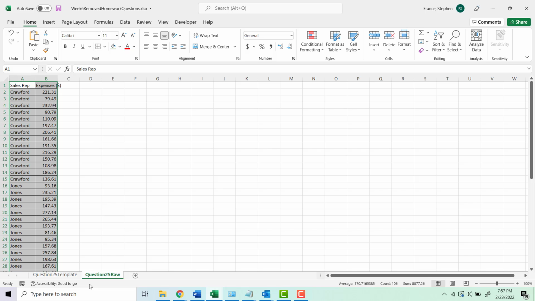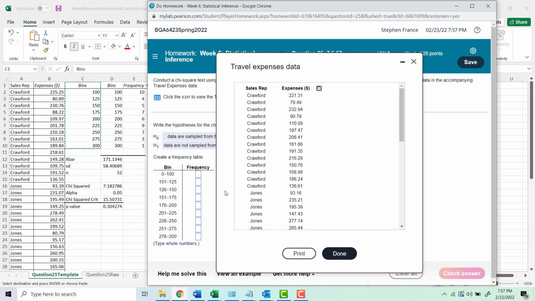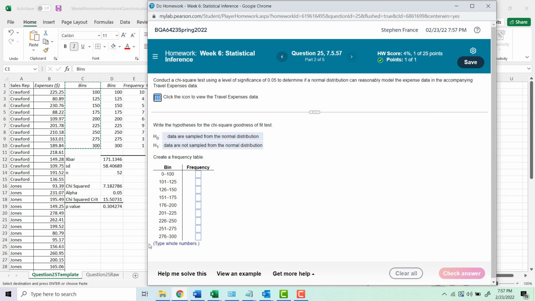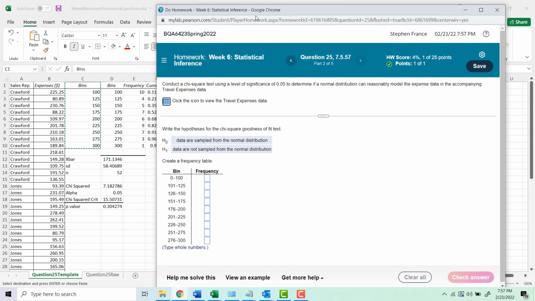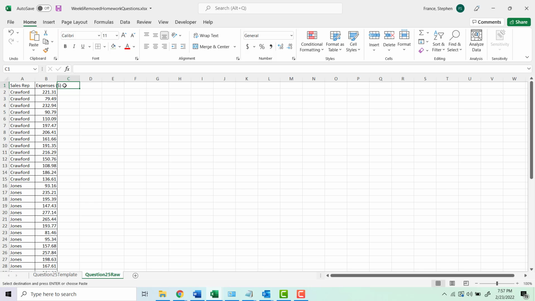The first thing I did is I had the bins. I didn't make these up. These were the bins from this particular question, so I put these into the spreadsheet.